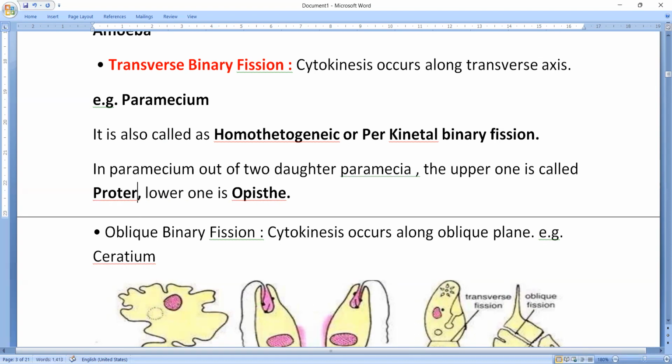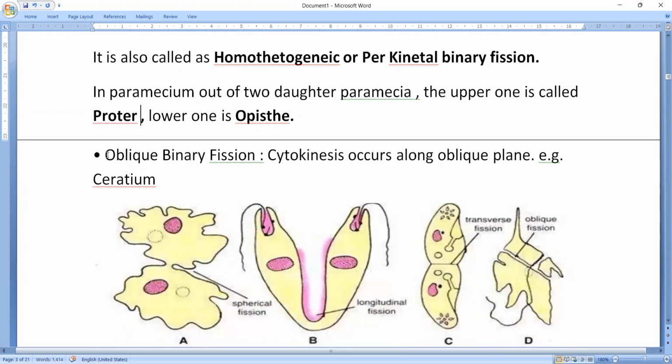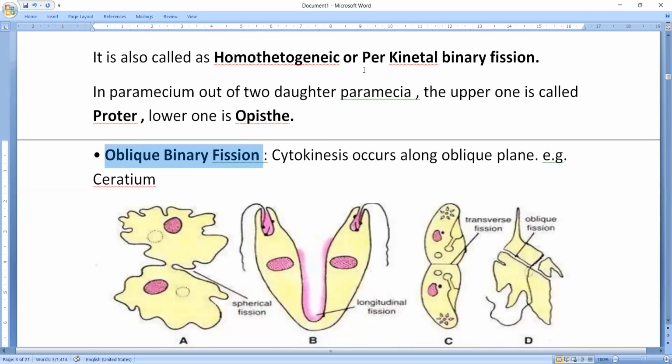Okay, so then oblique binary fission. Here cytokinesis occurs along an oblique plane, like this. So in this direction, the binary fission occurs like this.